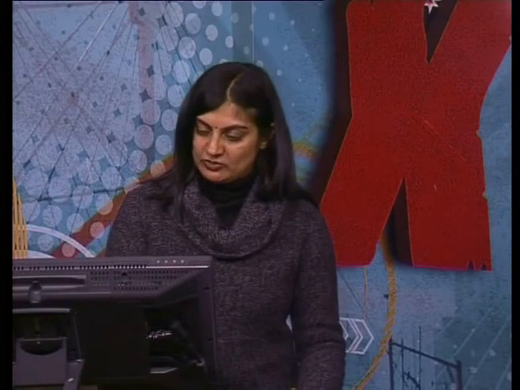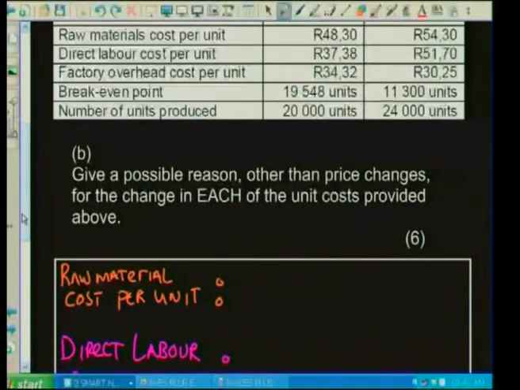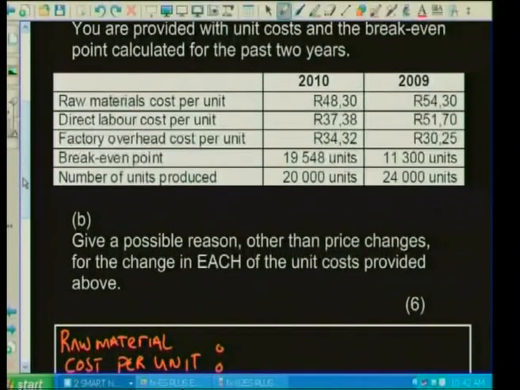The next question, they are now asking us, give a possible reason other than price changes for the change in each of the unit costs provided above. Unit cost, remember guys, we were given raw material cost per unit, direct labor cost per unit, and our factory overhead cost per unit.